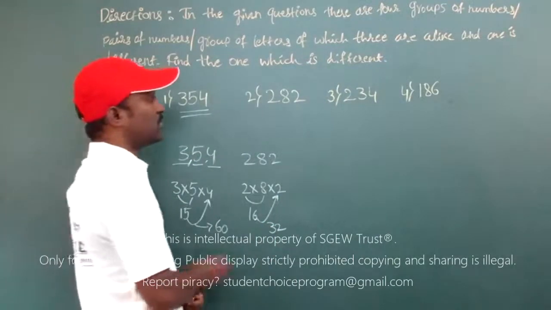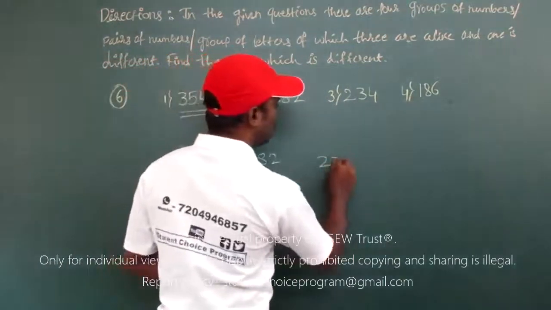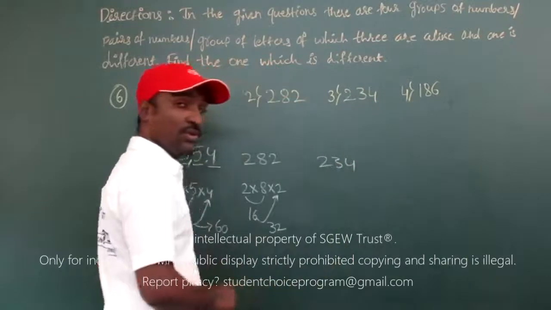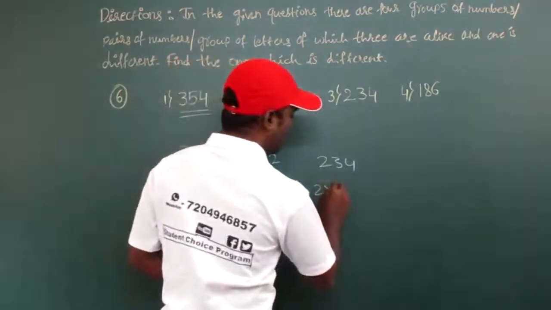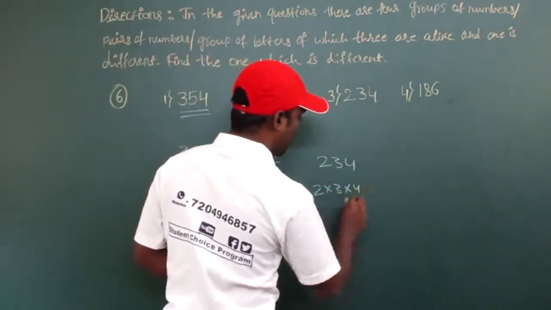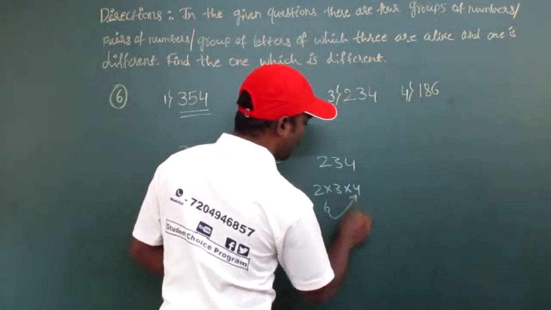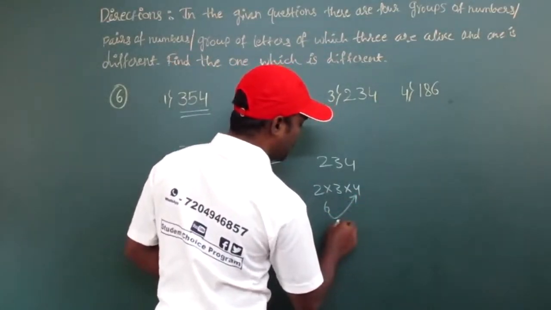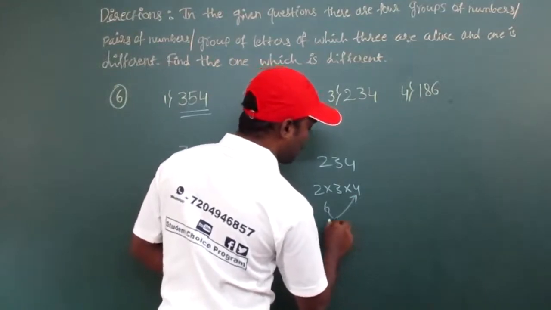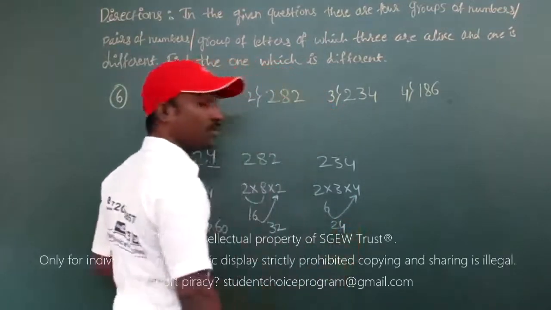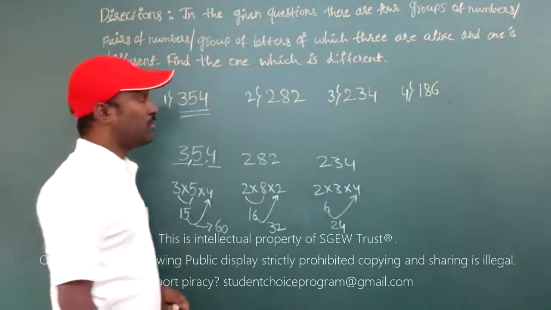Okay, now moving to the third option. The third option is 234. The next step is 2 into 3 into 4. 2 into 3 is 6. 6 into 4 will give me 24. Now moving to the last option.